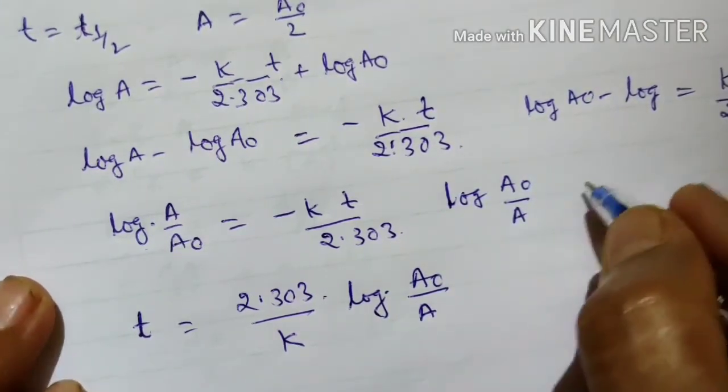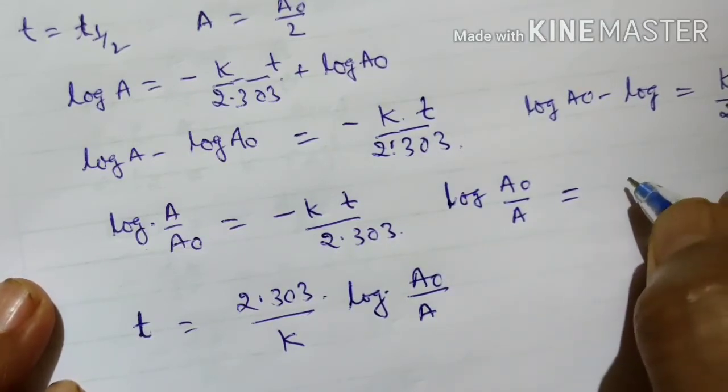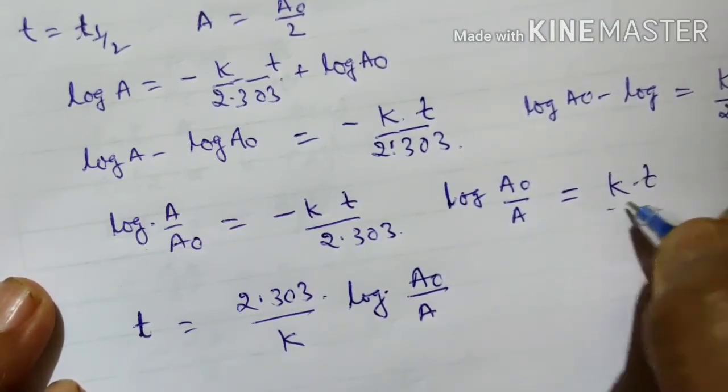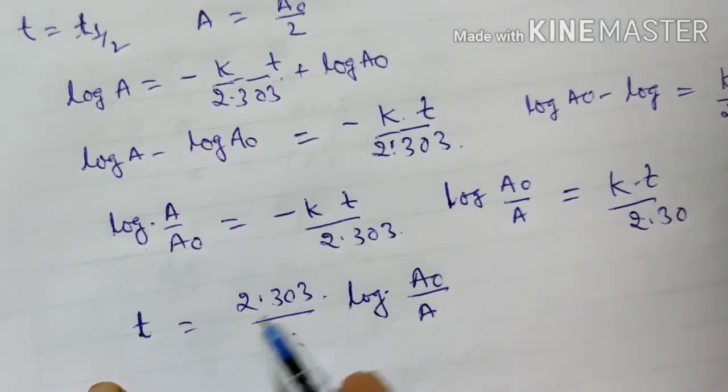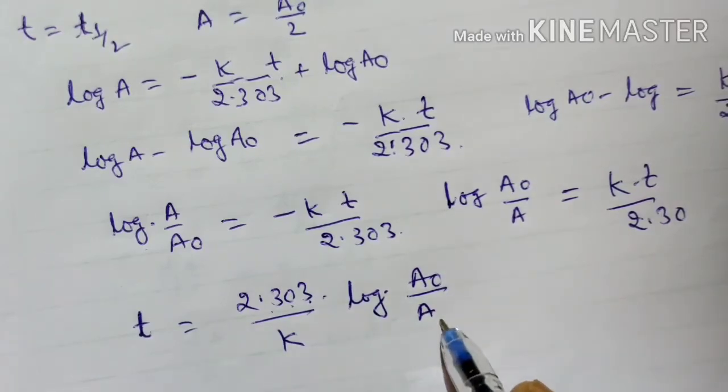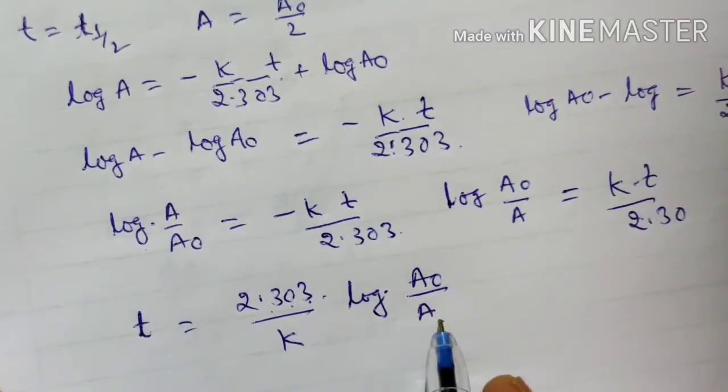So log A0 upon A is equal to k into t upon 2.303. So in this way we can write that t is equal to 2.303 upon k log A0 upon A. So this is the expression for the first order reaction.